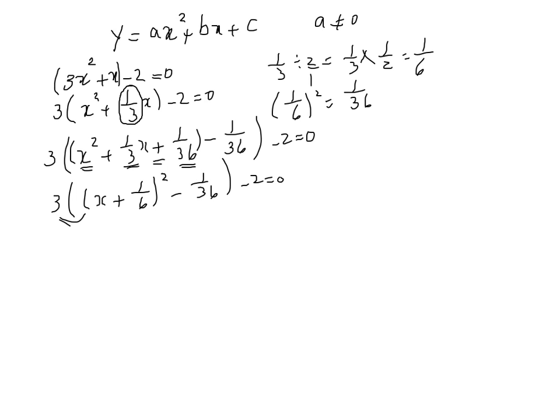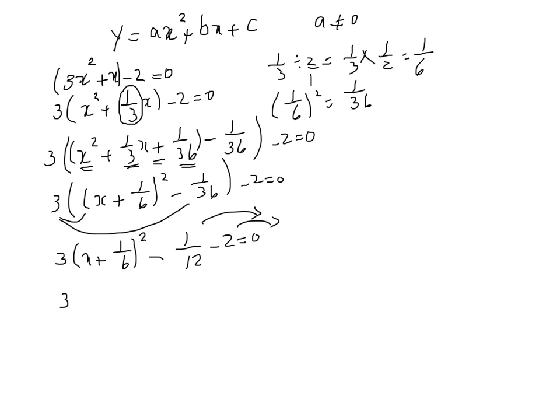Now expand 3 inside the bracket. I get 3 times x plus 1 over 6 squared minus 3 times 1 over 36, which is going to give me 1 over 12, minus 2 is equal to 0. I'm going to bring these two terms to the right. I get 3 times x plus 1 over 6 squared is equal to 1 over 12 plus 2 over 1.